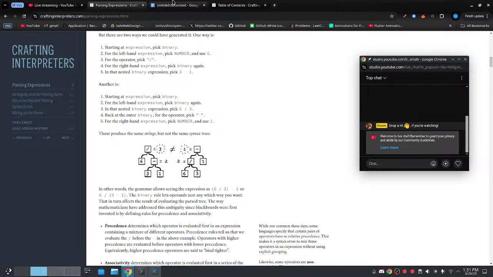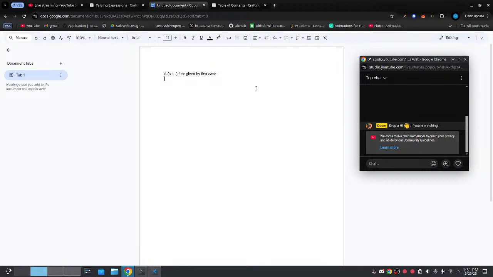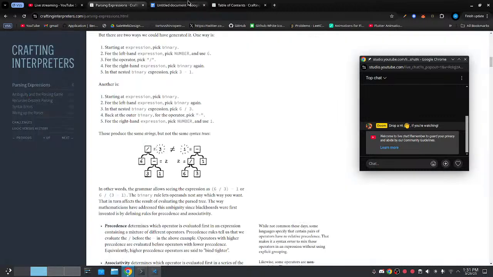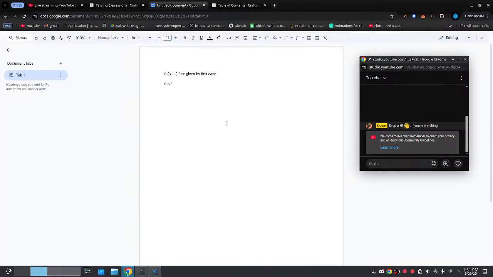And for the second this would give 6, 3, divide, then 1 and then minus.